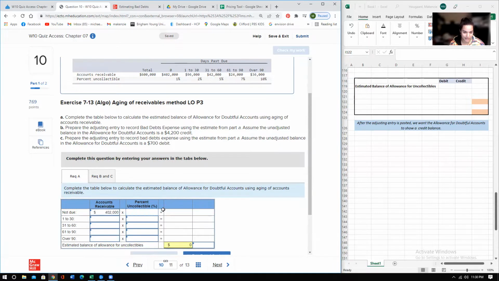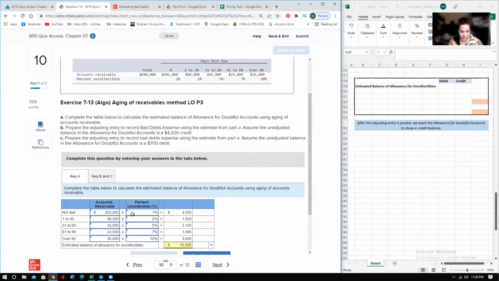And the percent uncollectible is 1%. The next one is 96,000, 2% uncollectible, 42,000 at 5%, 24,000 at 7%, and 36,000 at 10%.